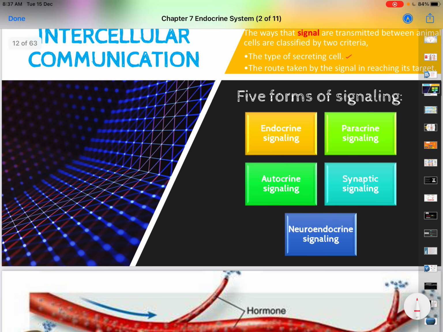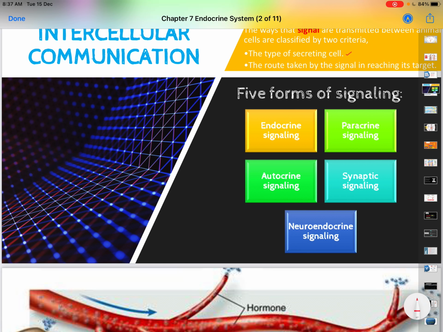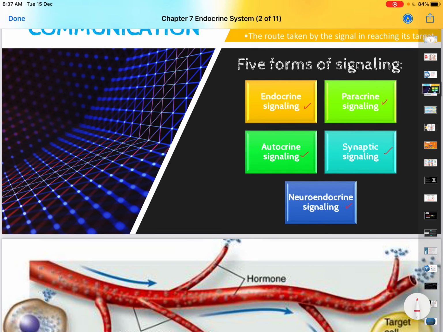The route taken is also different. So there are five forms of signaling: endocrine signaling, paracrine signaling, autocrine signaling, synaptic signaling, and neuroendocrine signaling. You must remember these five forms of signaling.